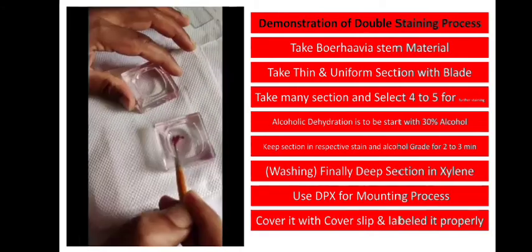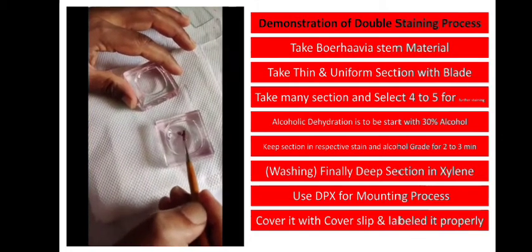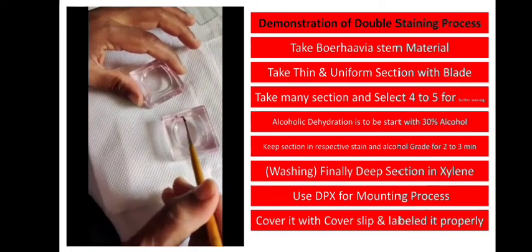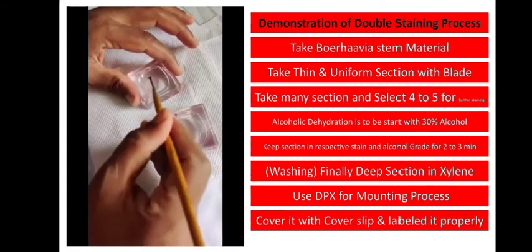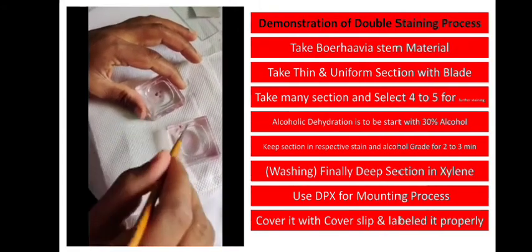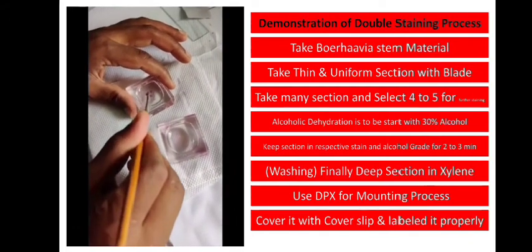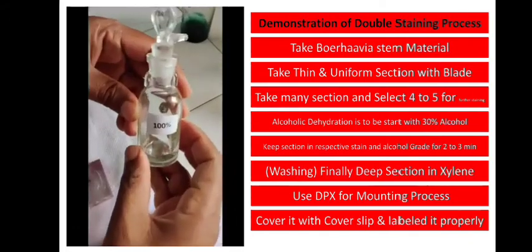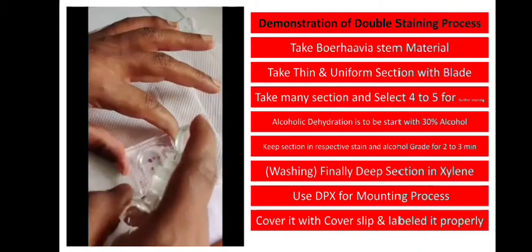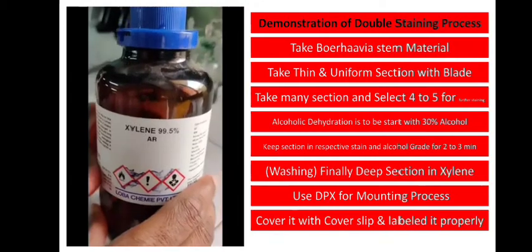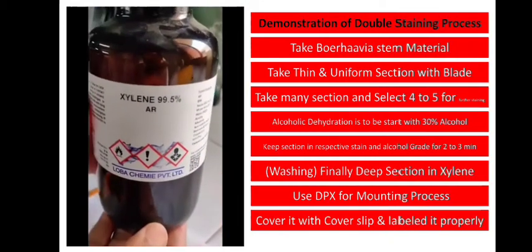Wait for 2 minutes. Now we have to add 100% alcohol and shake it slowly in a circular path. Wait for 2 minutes. Then add xylene to the sections.